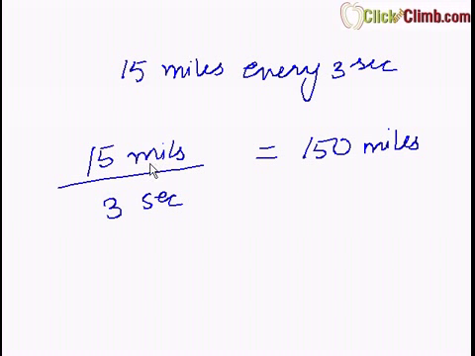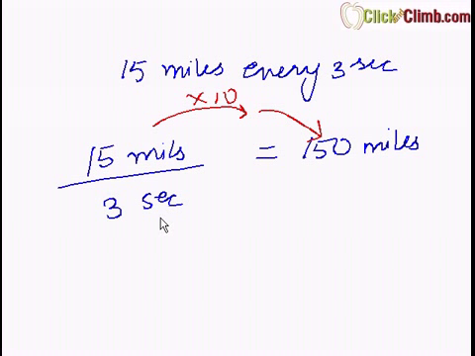So 150 and this is 15. I want to make it 150. So how will I make this 15 into 150? I'll just multiply it by 10 and it will become 150. So 15 becomes 150 by multiplying it by 10.